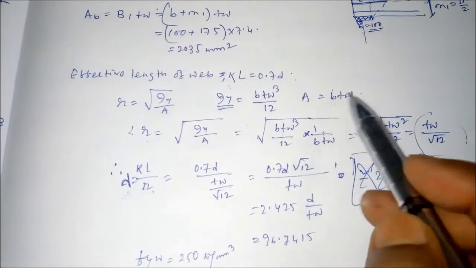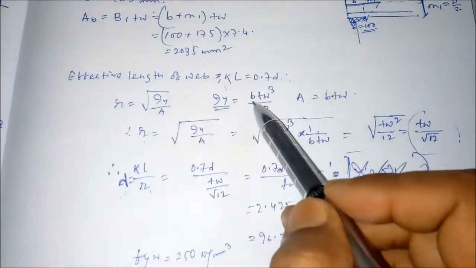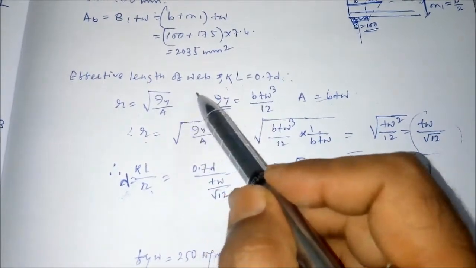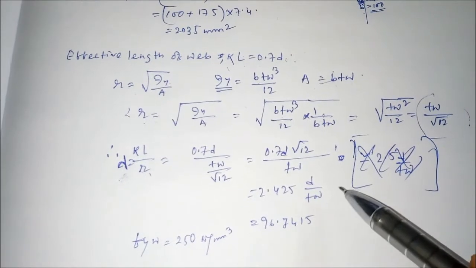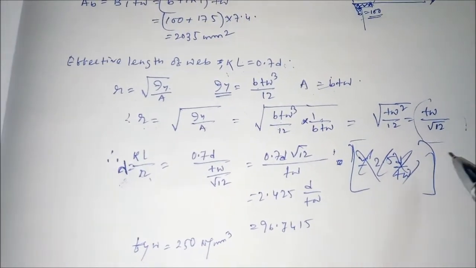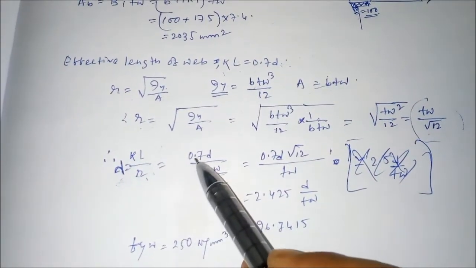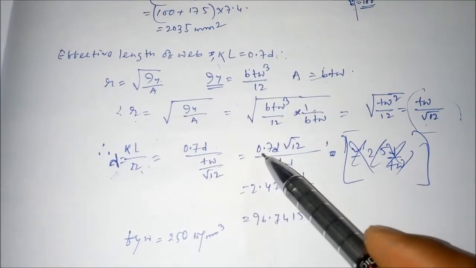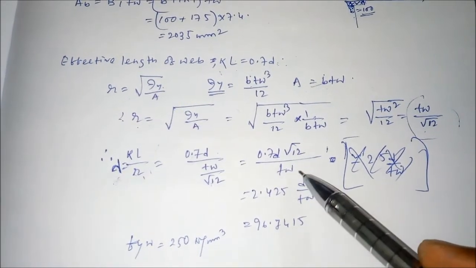Now either you can put the values over there and find out the value of R, and find out KL by R, or otherwise you can use this general formula in any kind of example. So if you put KL equals this, R equals this, you will get 0.7 into D root 12 divided by TW.